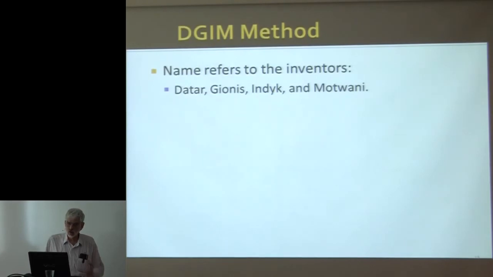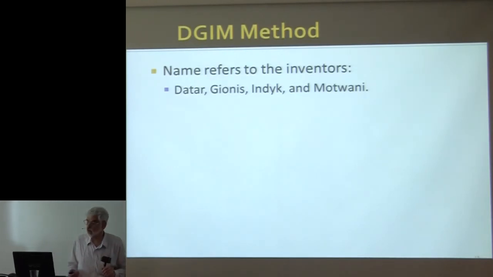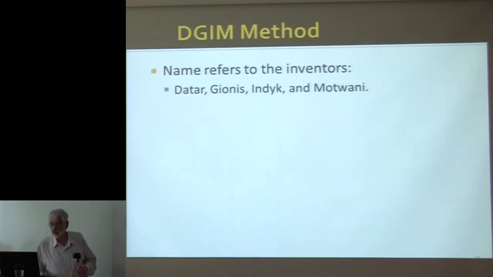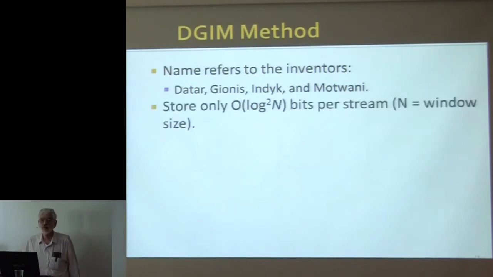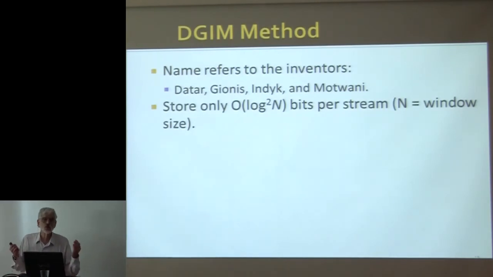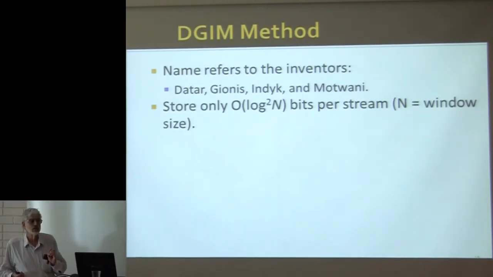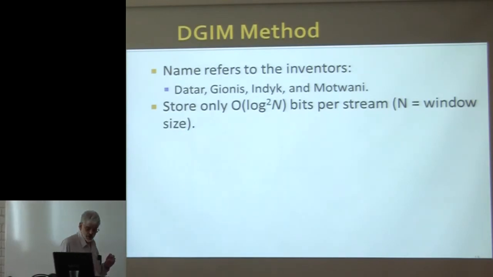Now I want to talk about an algorithm I call DGIM. It was named after four of my colleagues listed here. The interesting thing is it can maintain windows of length n, but it only has to store O(log squared n) bits per stream.